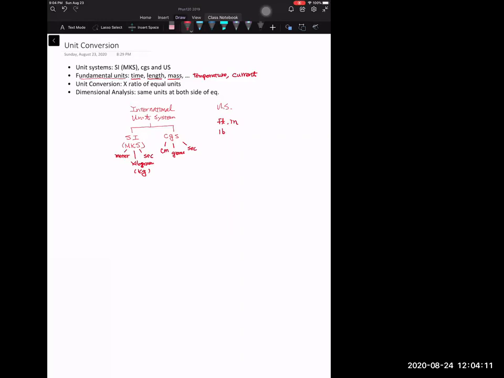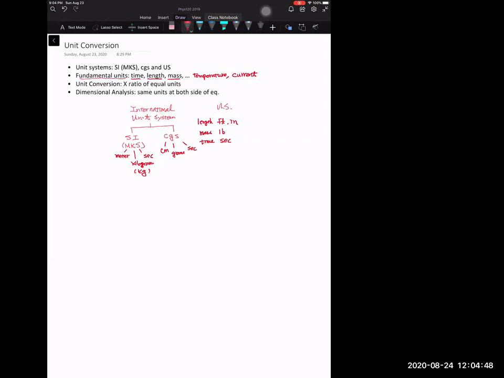Sometimes pound represents pound force. We will discuss the difference between the mass and the force later, but you have to remember that sometimes when you just simply say pound, it could represent mass, it could represent force. So it's a kind of confusion. Time in the US system also uses the second. So this is the length, this is the mass, this is the time.